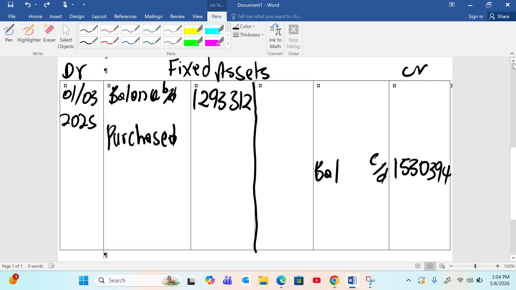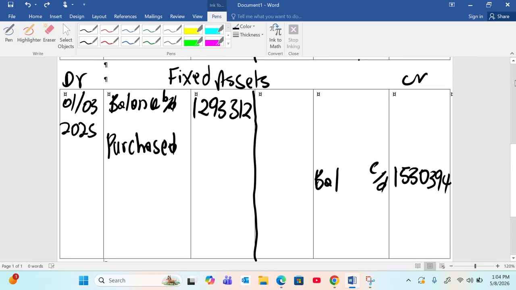So on your side, you need to ask yourself, what can decrease assets? One is the depreciation, two is the carrying value. Okay, so here we are not going to record on the credit side the accumulated depreciation. Why?